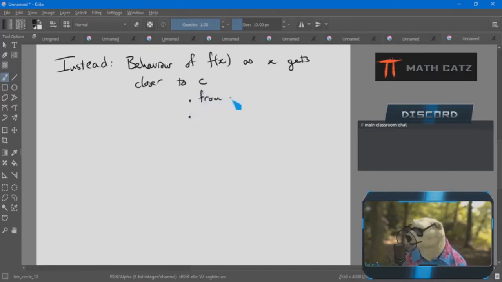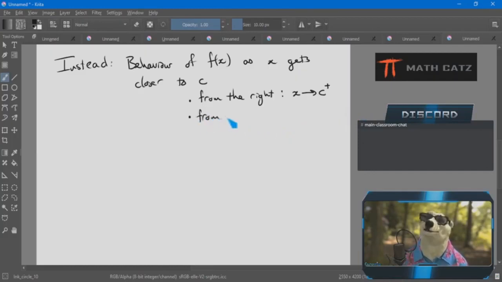I might want to get closer to c just from the right. And then we're going to let x approach c, with a little plus there to indicate that I'm not coming towards c from around c. I don't care if the function's defined around it. I'm only interested in the right side.